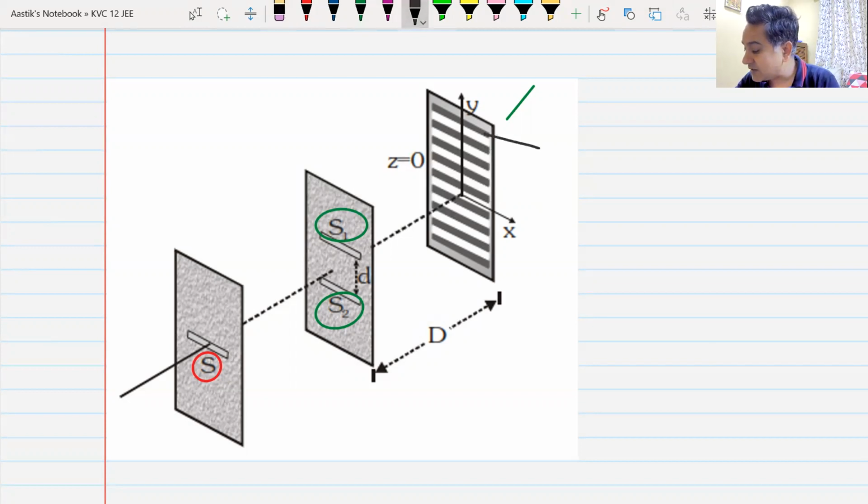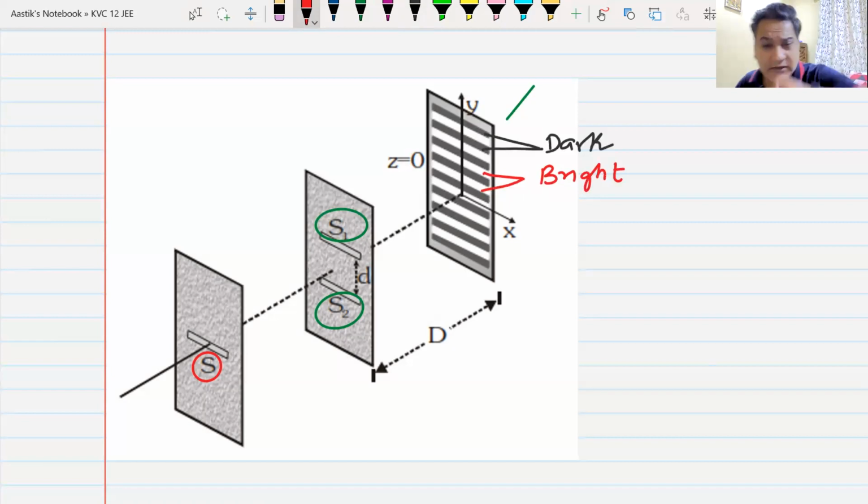These dark patches and these light patches are happening because of interference. These are dark, these are bright. Why are these dark patches or these dark bands? We call them fringes. These are the dark fringes and these are the bright fringes. Why do we have dark and bright fringes? What is creating dark fringe and what is creating bright fringe?